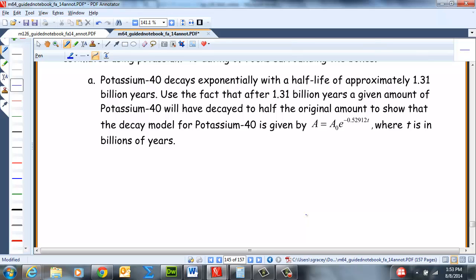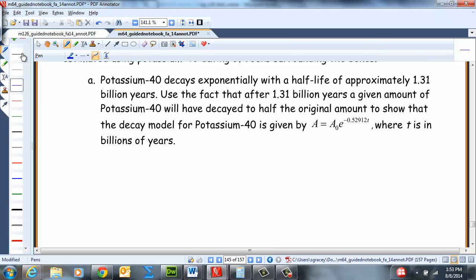So we use this fact, the fact that after 1.31 billion years, a given amount of potassium-40 will have decayed to half the original. And we're going to show that the decay model is given by A equals A0 e to the negative 0.52912 t, where t is in billions of years. So they just want us to show why that's true.